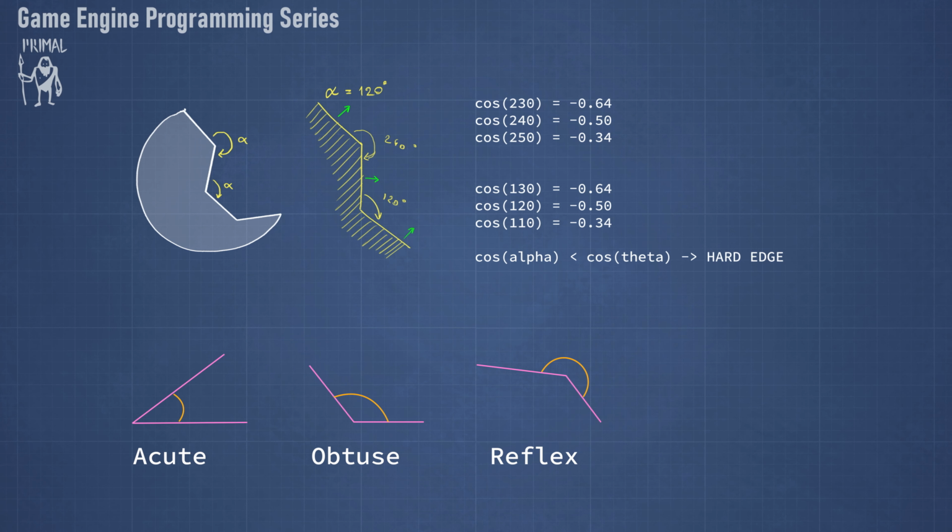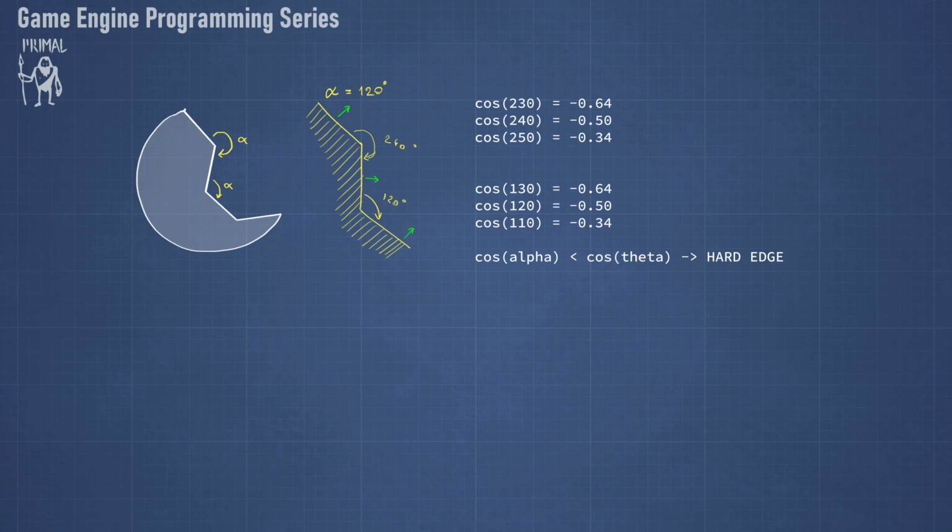But we can account for all of this by just one smoothing angle, because if you look at the cosines of these angles, you can see that anything that's less than 120 degrees, so if this angle would be less, then we should consider those a hard edge. And anything that's larger, we should consider as a soft edge.